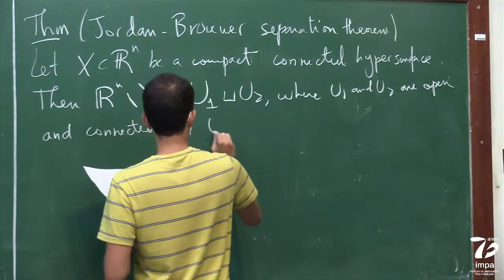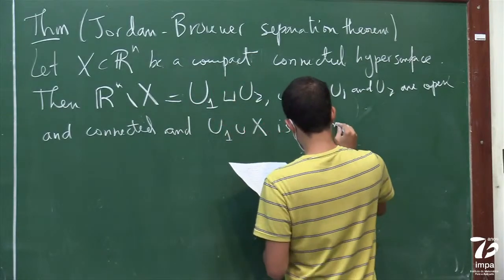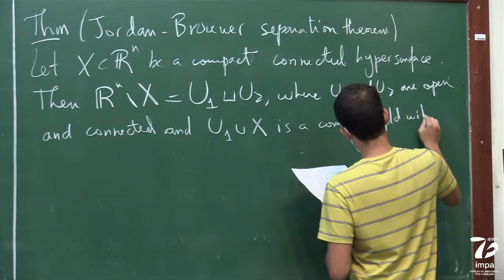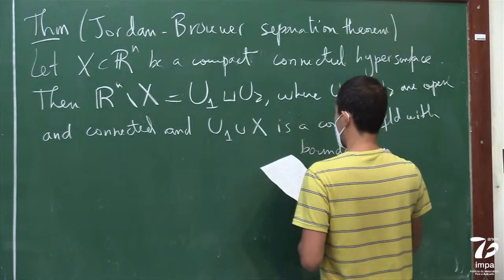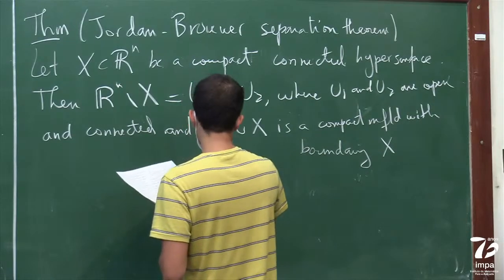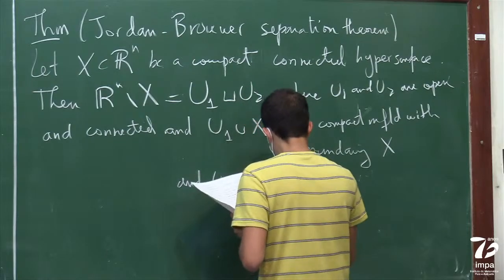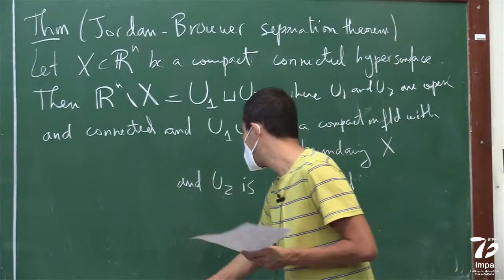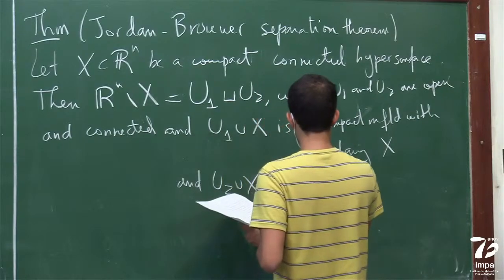And U1 union X is a compact manifold with boundary X, and U2 is unbounded. I guess maybe you should say U2 union X is a manifold with boundary.